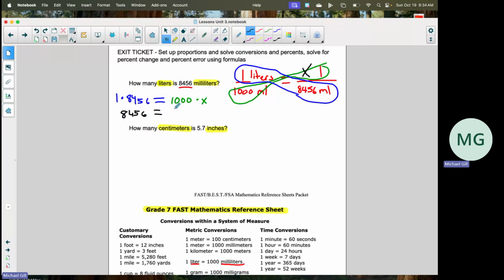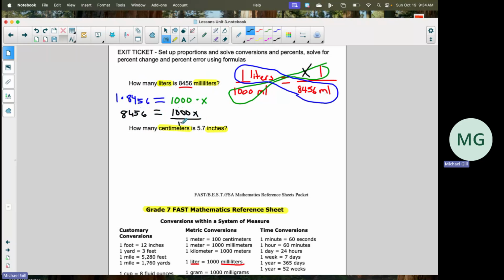Now I have 1,000 times X. Well, that's just 1,000X. We can't do any math if we don't know what X is. So all we can do is write 1,000X. If there's no symbol there, that just means we're multiplying those two. Now to solve, last step, and this is pretty much always the last step in conversions, we need to get rid of the 1,000, and we do that by division.